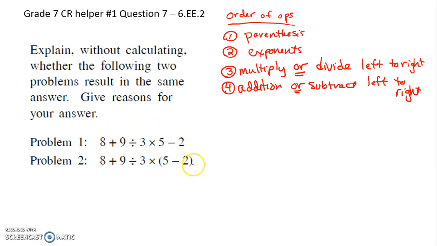So as I look at these two problems, I can already see, based on the order of operations, these will not come out to be the same answer, because do you see how we have this grouping symbol here, this set of parentheses around the 5 minus 2? That means you would have to complete this part first, where in the other problem, that step actually would come last.